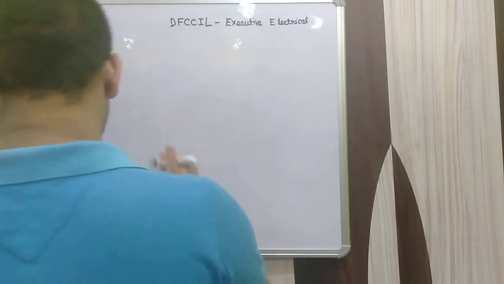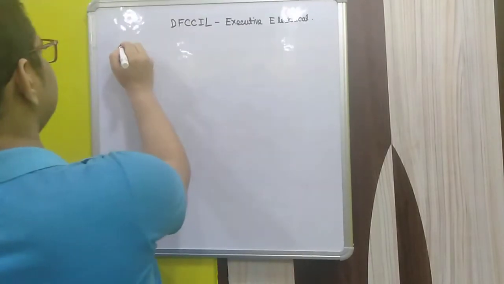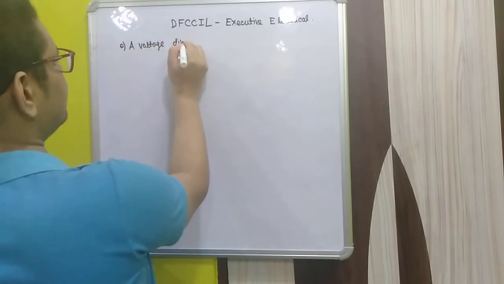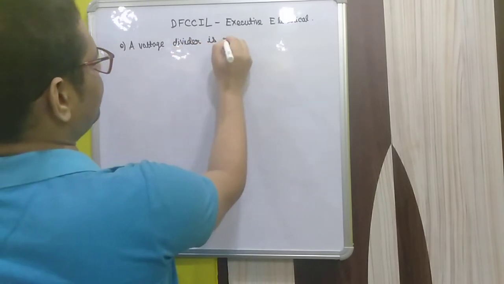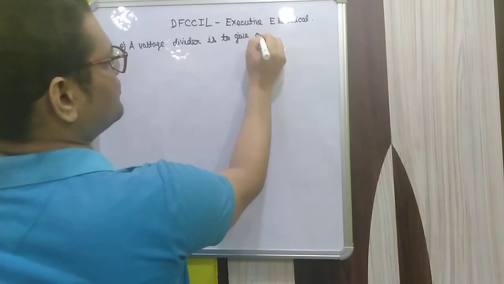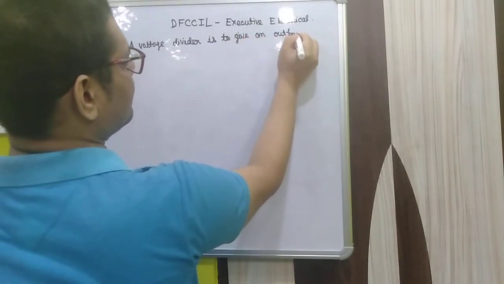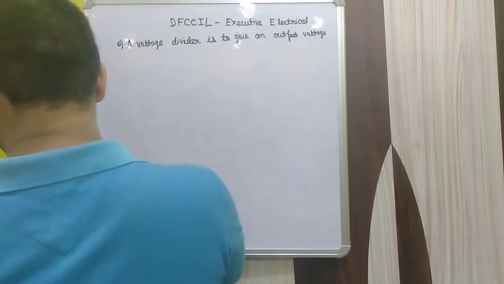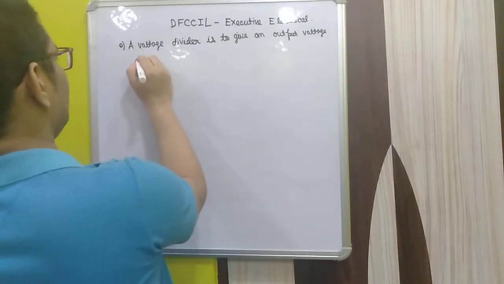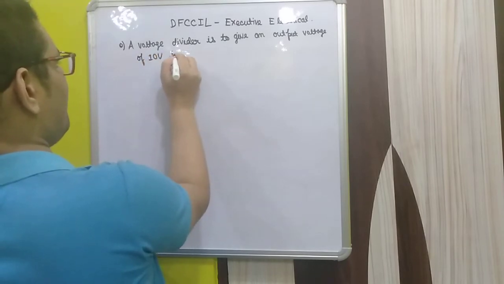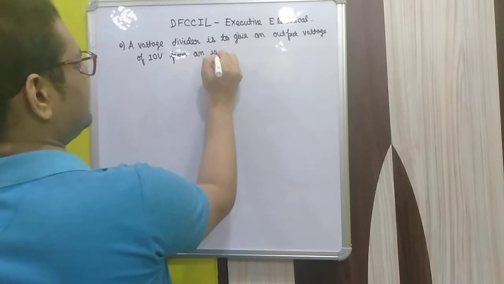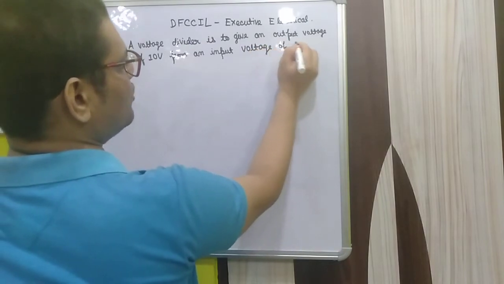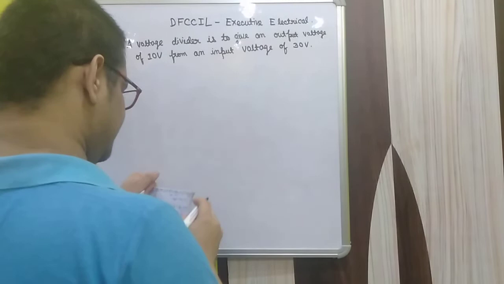A voltage divider is to give an output voltage of 10 volt from an input voltage of 30 volt. I hope this question is clear to you now.